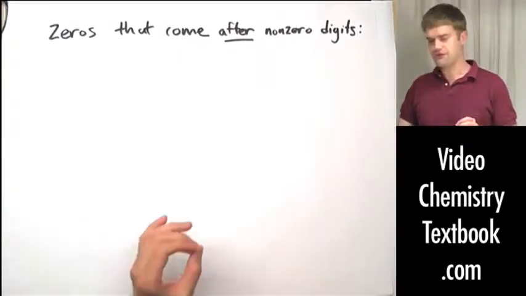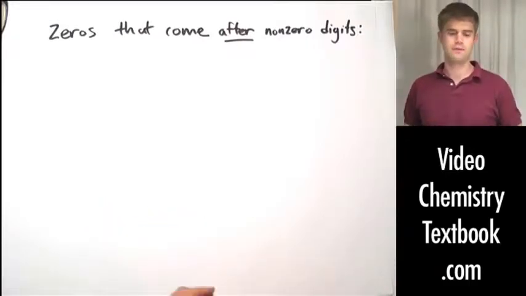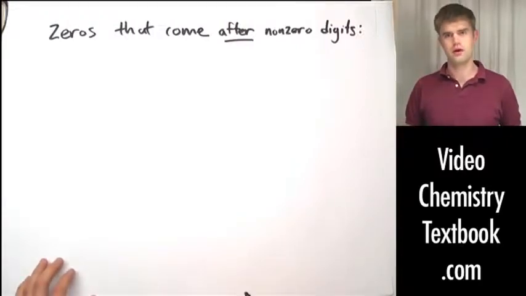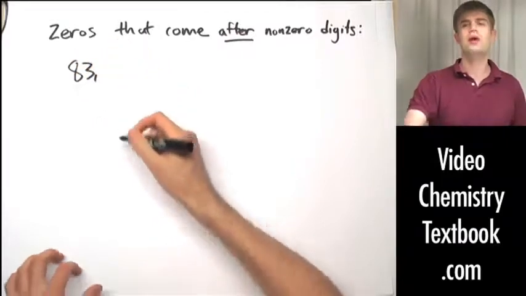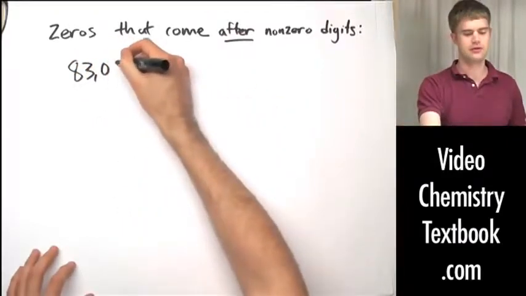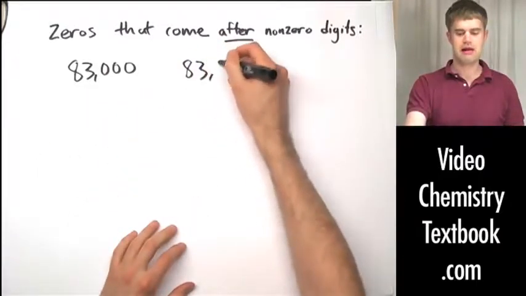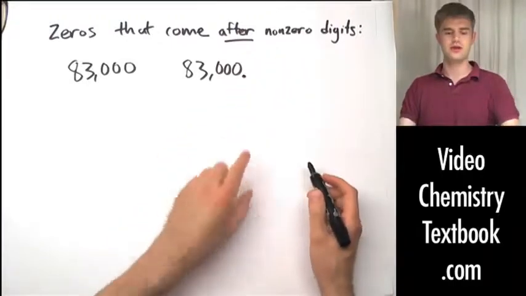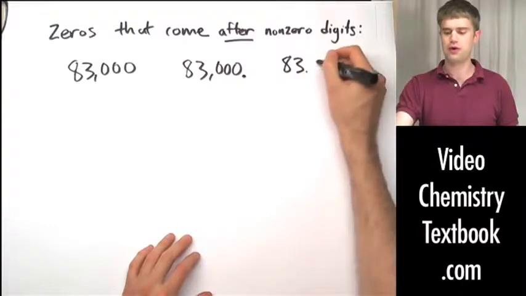Zeros that come after or to the right of non-zero digits get a little bit trickier. Here are 3 examples. All of them have a different number of significant figures, or I should say, we determine the significant figures in them differently. 83,000, then 83,000 with a decimal place at the end, and then let's say 83.000.